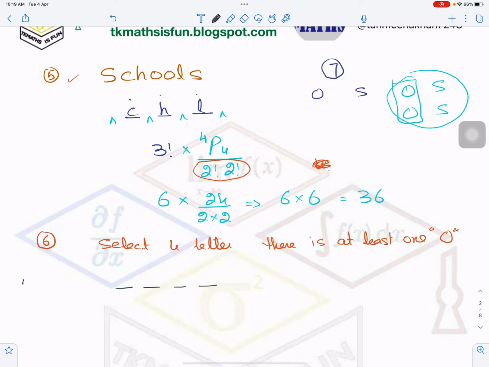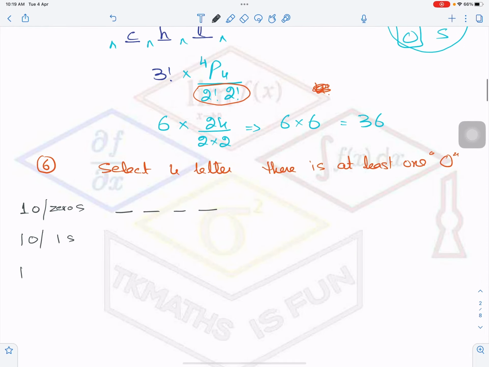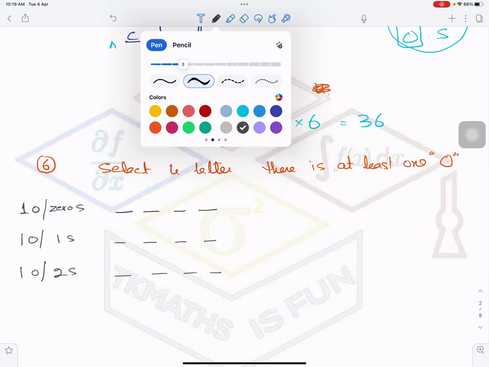So let's take the case where the selection has 1 O. Now what about S? There are identical S's also, so we have to take care of that too. So 1 O with 0 S, 1 O with 1 S, 1 O with 2 S. First of all, these cases you will handle. And then what is the other possibility?